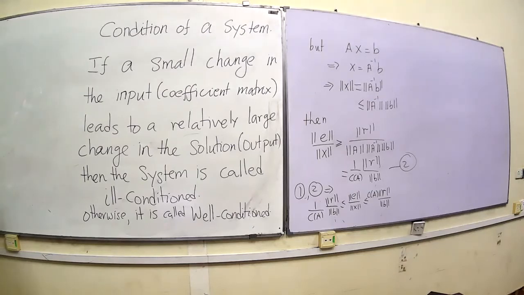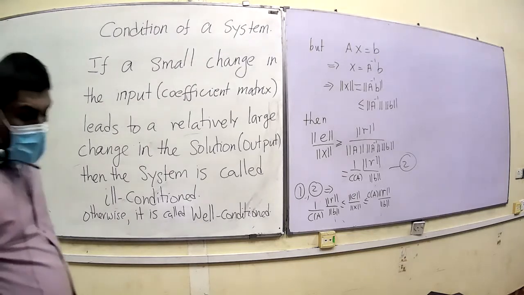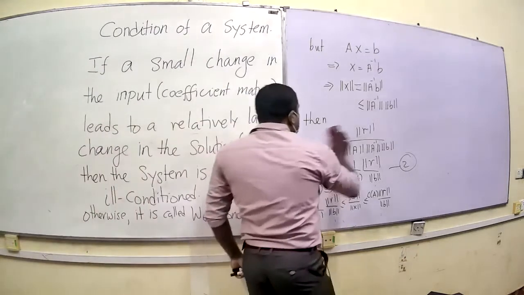So if you want to prove a system is ill conditioned, then you have to show that for a small change in the input, especially in the coefficient matrix A, the solution changes by a big margin, right? So we will see an example of that.